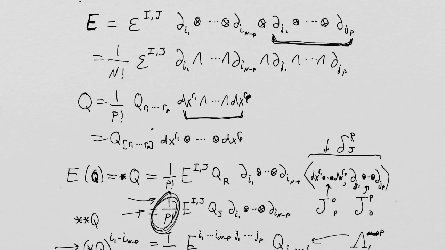We're about to take the p-form Q and feed it to the last p slots of the map represented by this. We're going to feed it to the last p slots. And we're actually going to use it in this tensor product form. We're going to take this tensor product form of Q and feed it to the last p slots of the volume form.